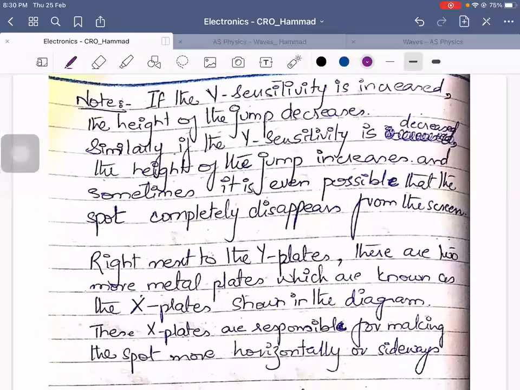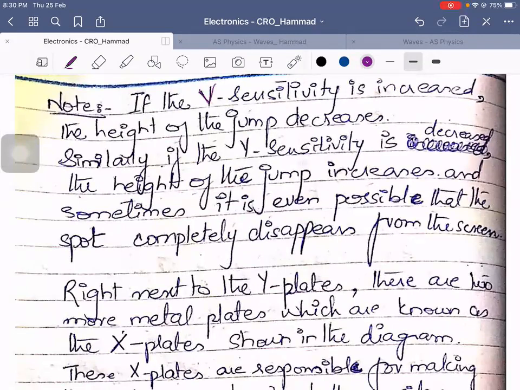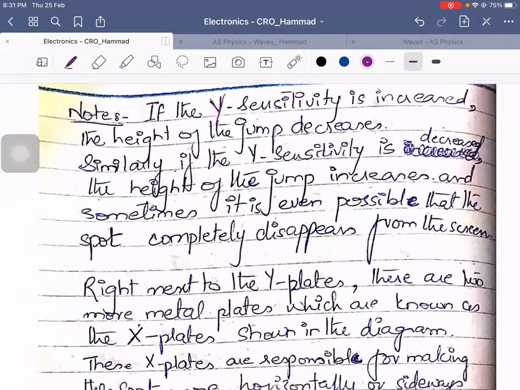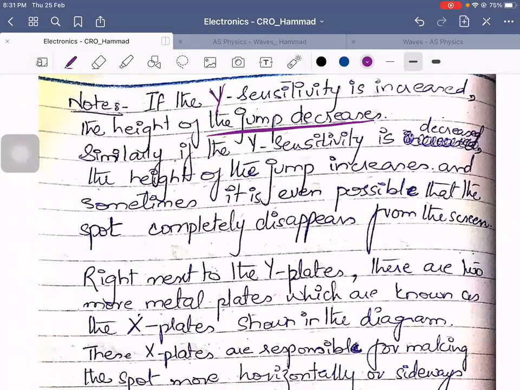If the Y sensitivity value is increased, the height of the jump will decrease. Similarly, if the Y sensitivity is decreased, the height of the jump will increase. And sometimes it is even possible that the spot completely disappears from the screen. Let's say you are increasing the Y sensitivity value to a very large number. You had to measure just 1 volt, and you kept on increasing the Y sensitivity value to, let's say, 100 volts per centimeter.